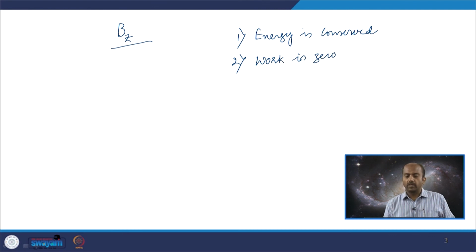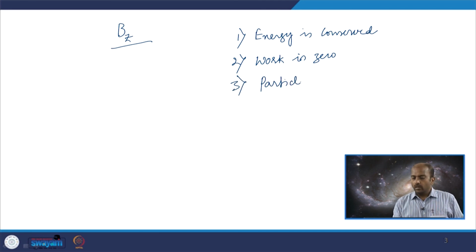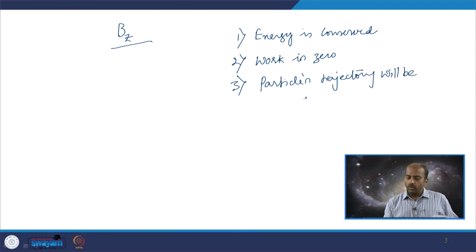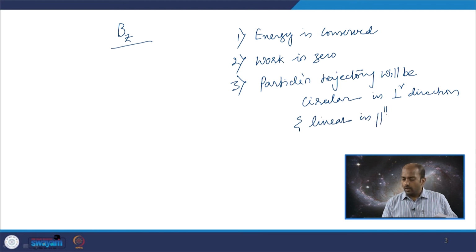Number 3, the particle's trajectory will be circular in the perpendicular direction and linear in the parallel direction.